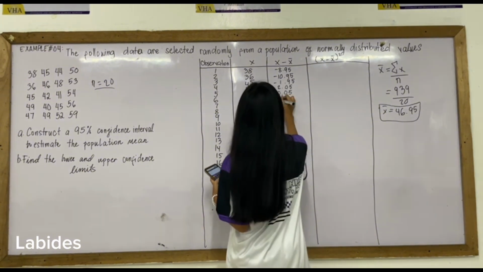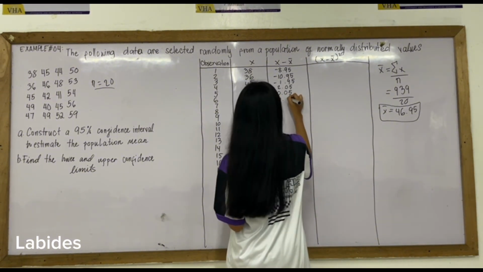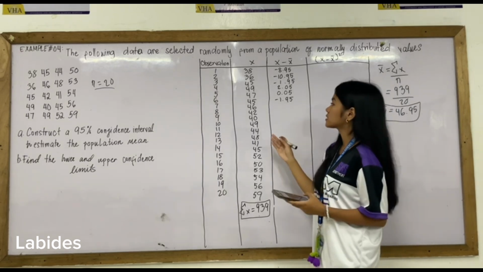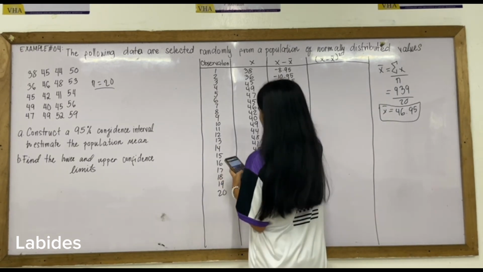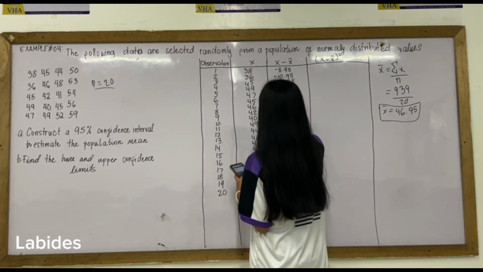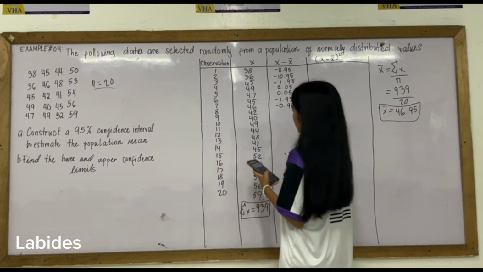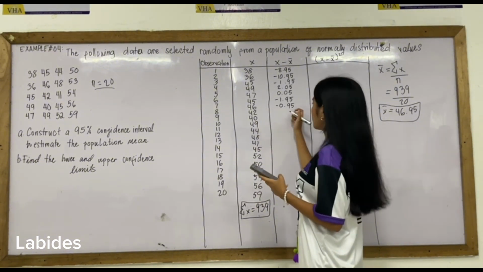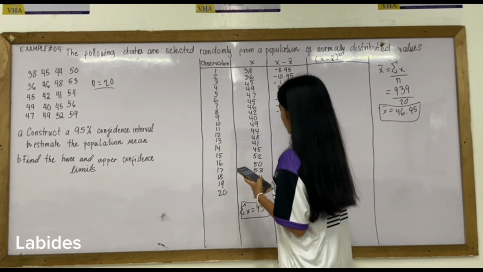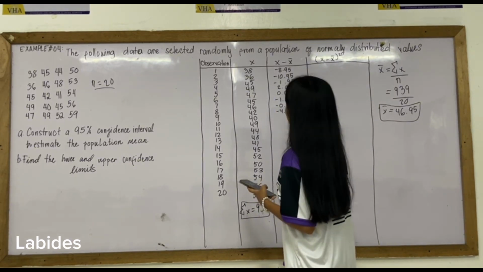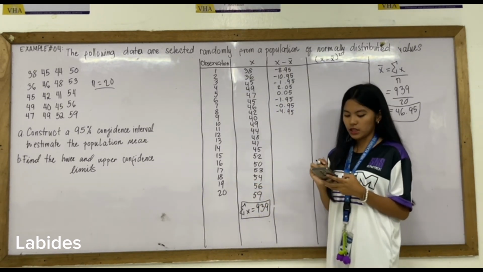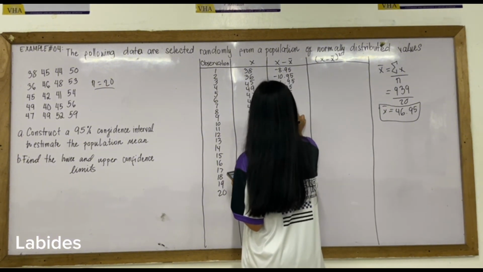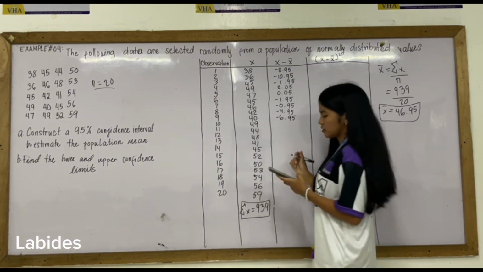Next we have 45. So negative 1.95. Next is 46. So we have negative 0.95. Next is 42. So negative 4.95. And then we have 40. So negative 6.95. And then we have 49.